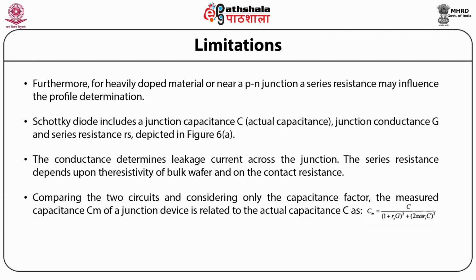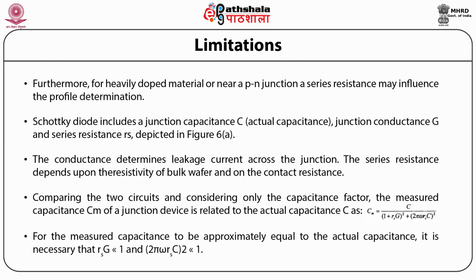Comparing the two circuits and considering only the capacitance factor, the measured capacitance Cm of a junction device is related to the actual capacitance C as Cm equals C divided by the square root of (1 plus Rs G) squared plus (2π ω Rs C) squared, where ω is the measurement frequency.